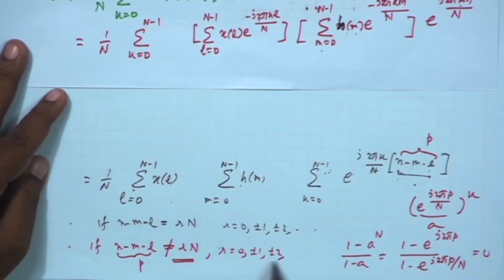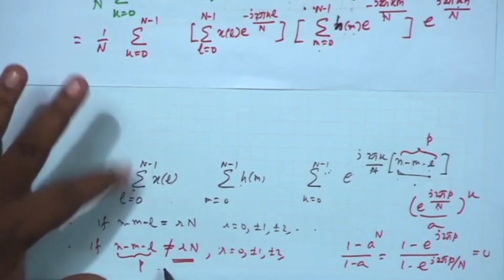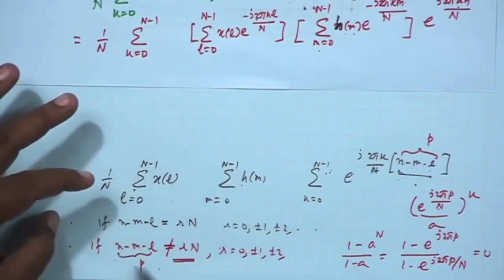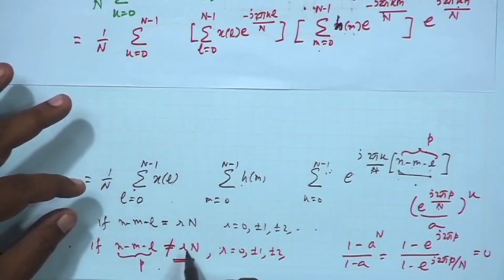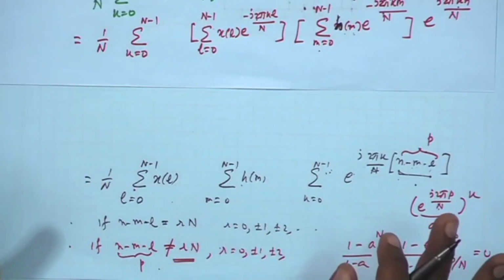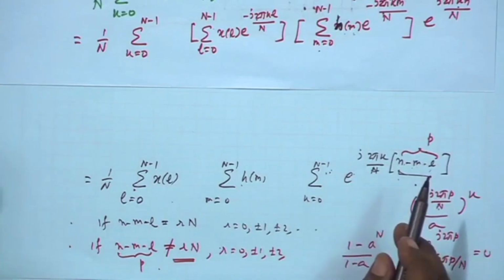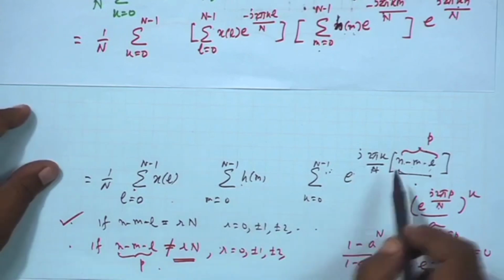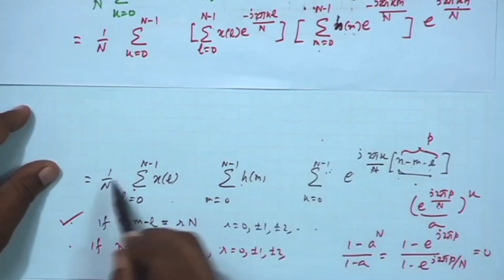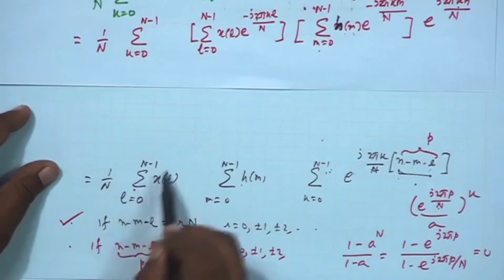So as L is moving and M is moving, if this summation is not equal to either 0 or capital N or 2n, then this goes. So I have to consider only these cases, and in these cases this summation will give rise to capital N and the 1 by n will cancel. So we will be left with this.